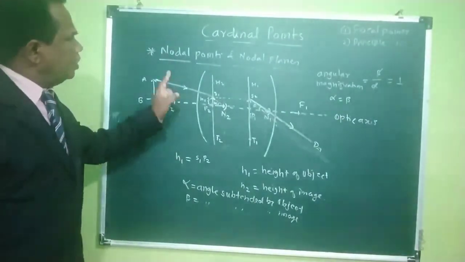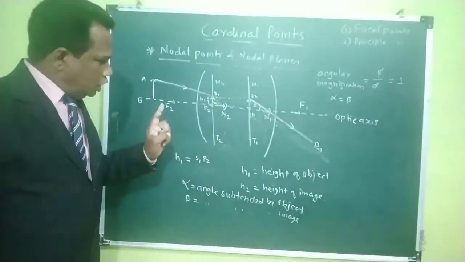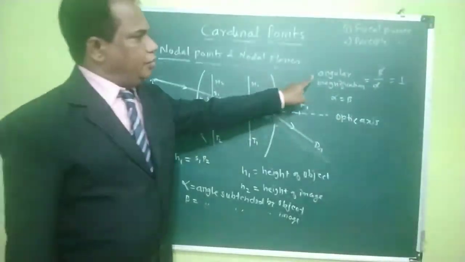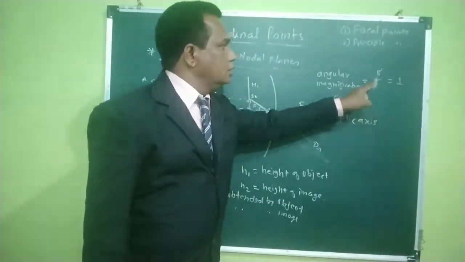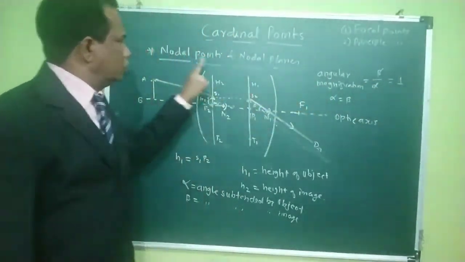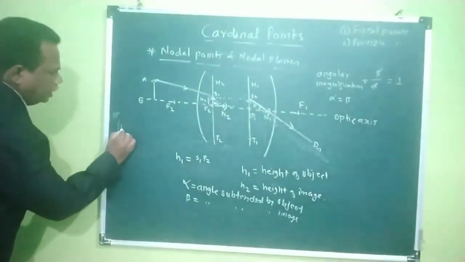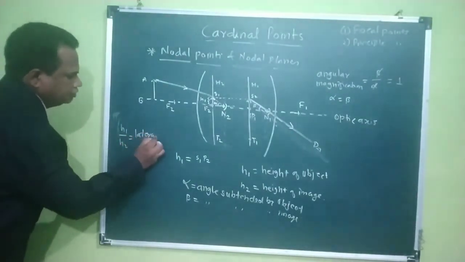So what are the properties of nodal points and nodal planes? For nodal points and nodal planes, the angular magnification must be 1, or unity. Whereas if I take h1 divided by h2, this is called lateral magnification.